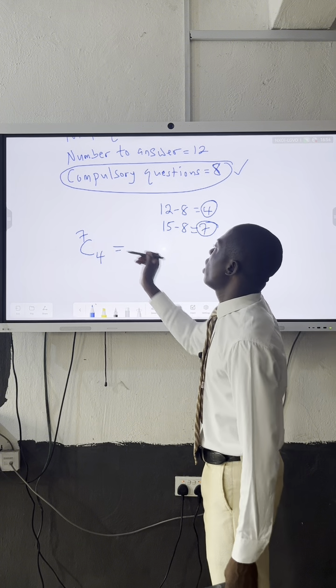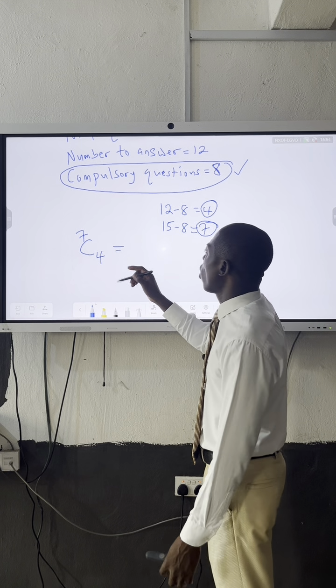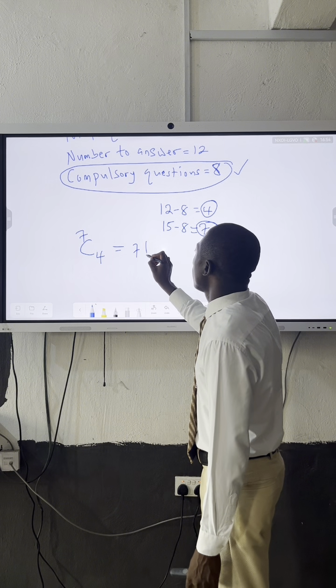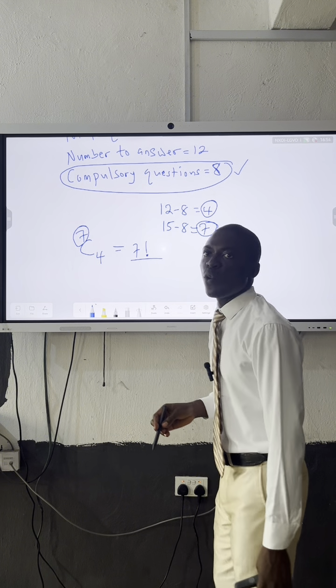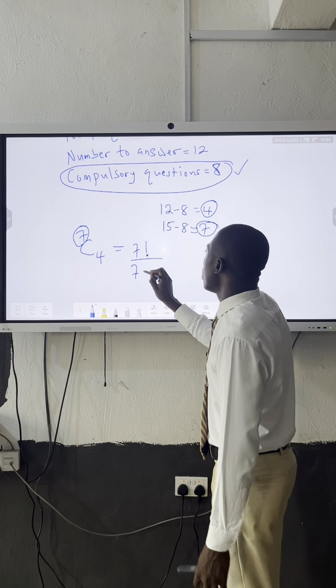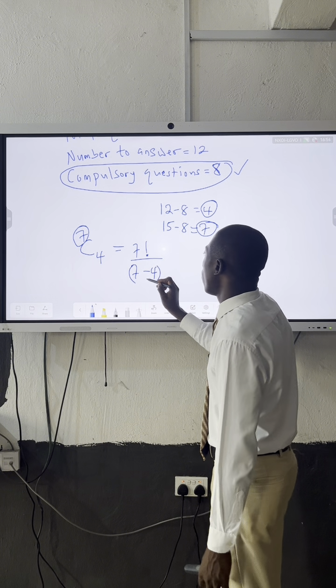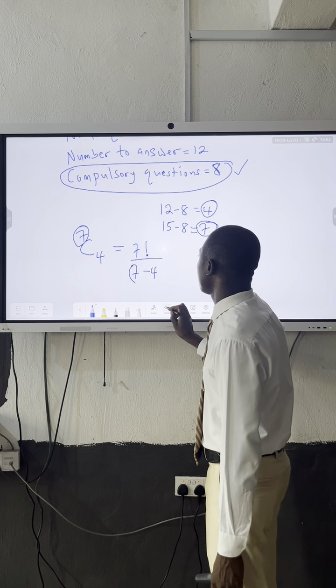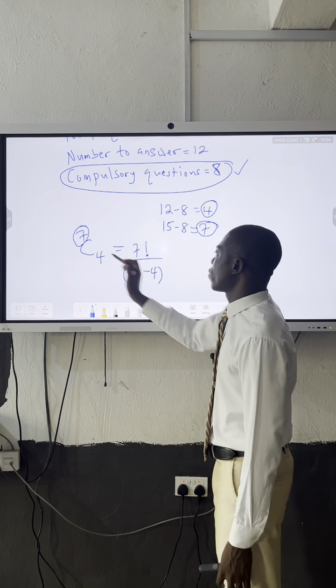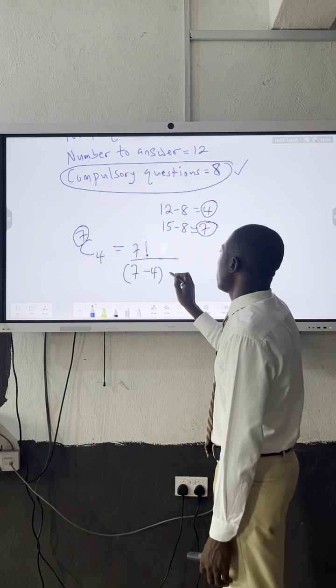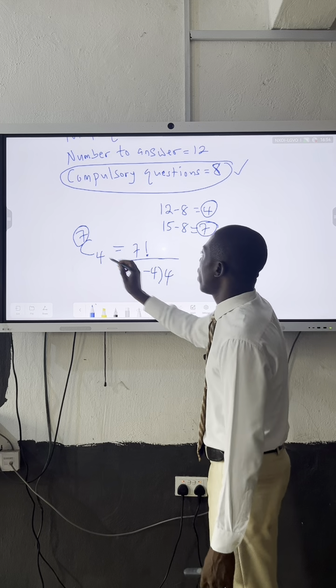So what's the definition of combination? It is the up one, 7 factorial, all over the up one minus the one down, that's 7 minus 4, and when you are done subtracting, you still repeat the one that is down here.